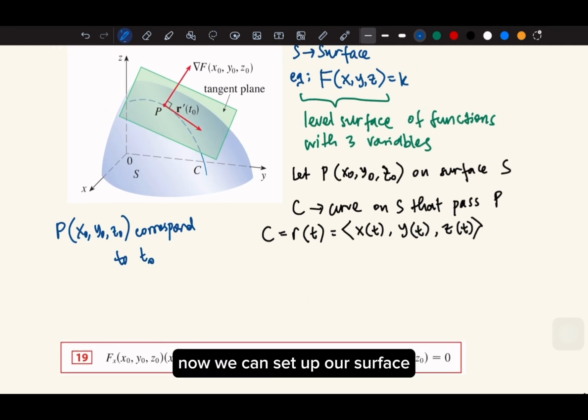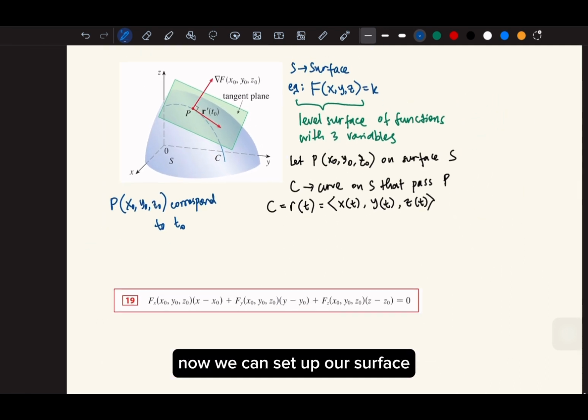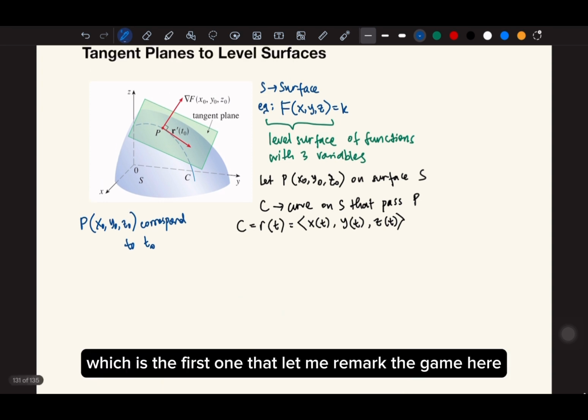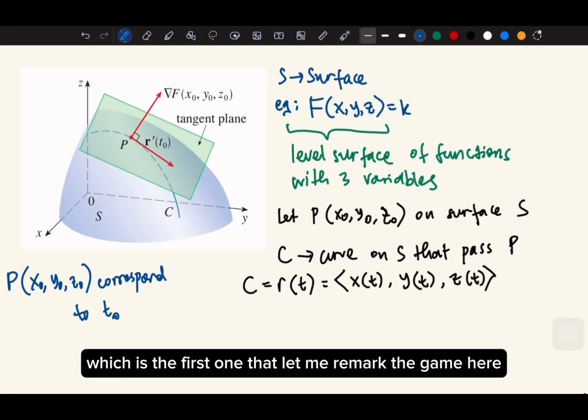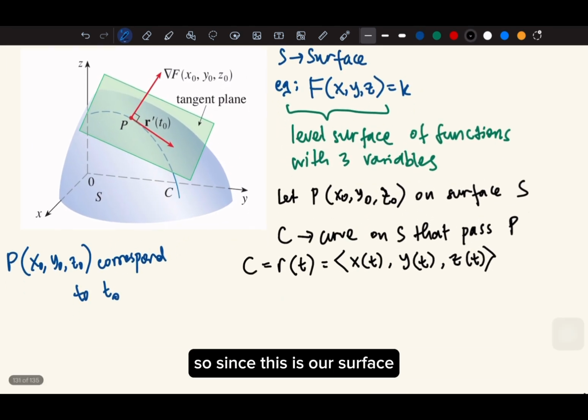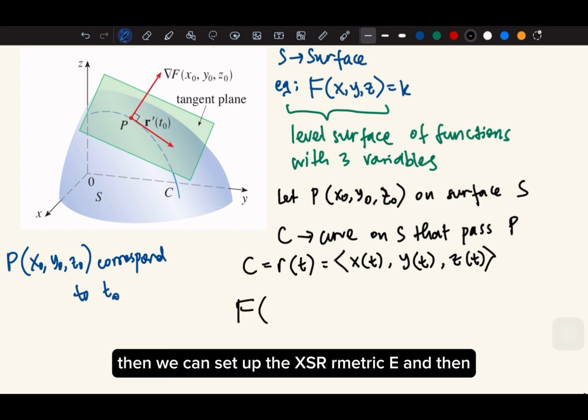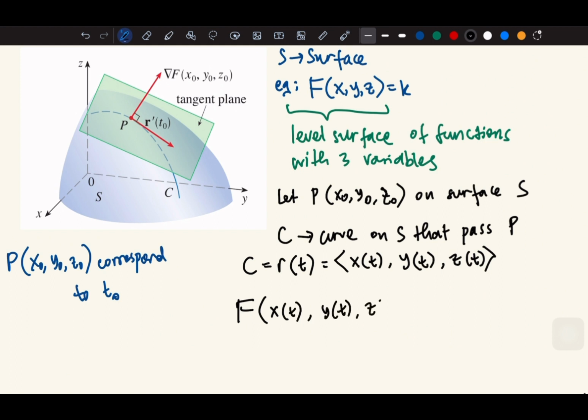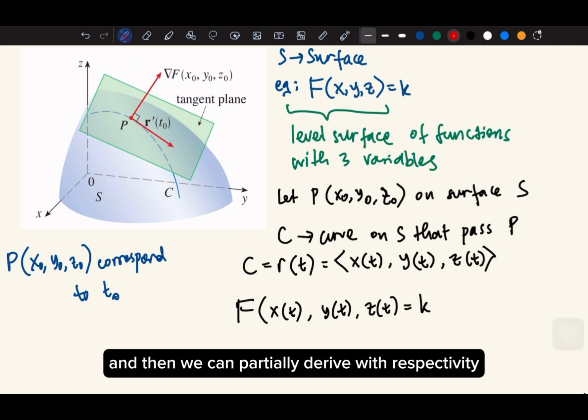Now we can set up our surface, which is the first one. Let me rewrite it here. Since this is our surface, we can set up x, y, z as functions of the parameter t, with f equal to a constant, and then we differentiate with respect to t.